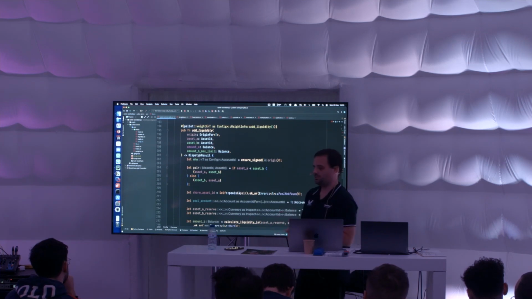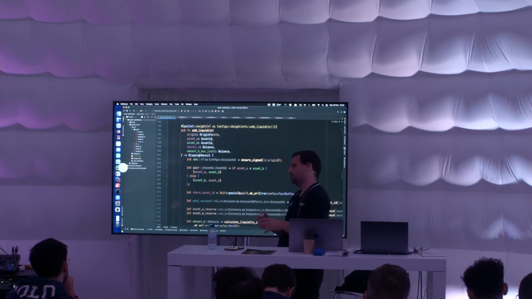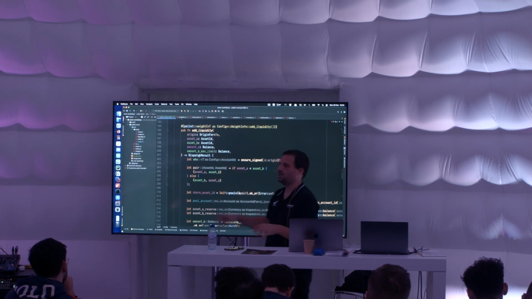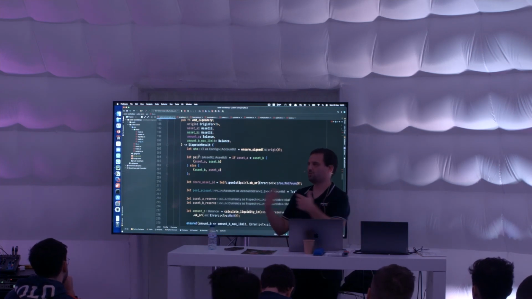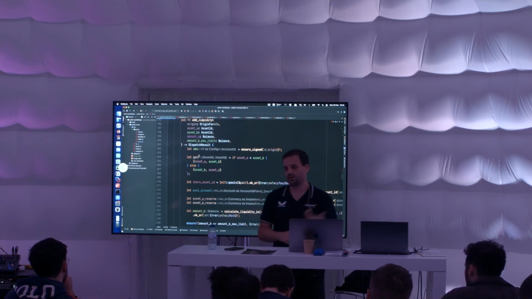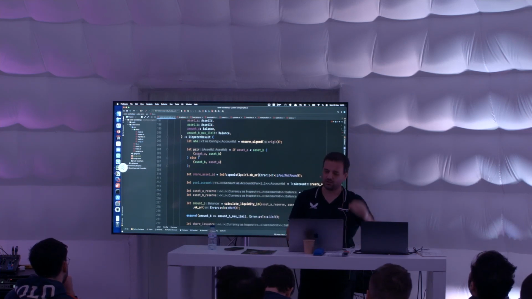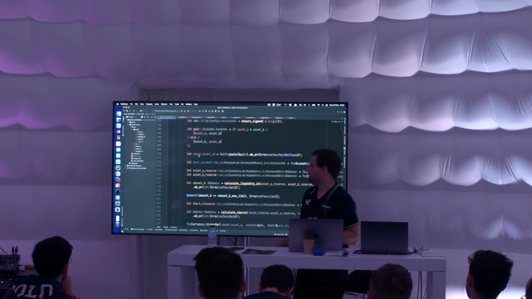But he specified only, I want to provide this amount of A, and you calculate the amount of B and the limit, like how much maximum amount of B can be provided based on the current state of the pool.